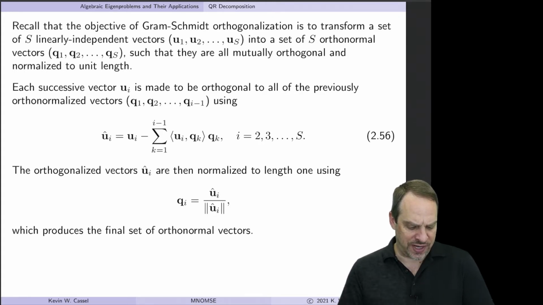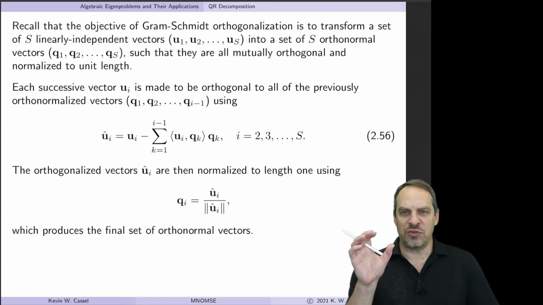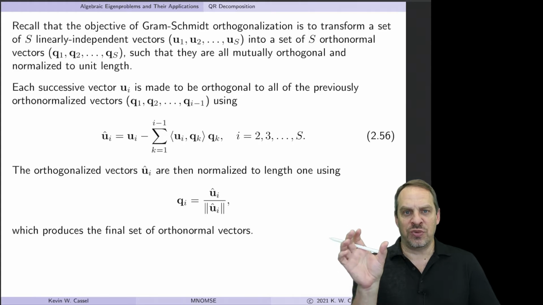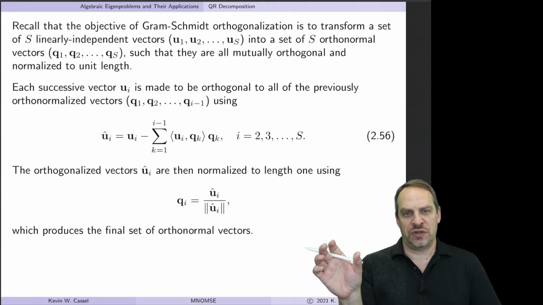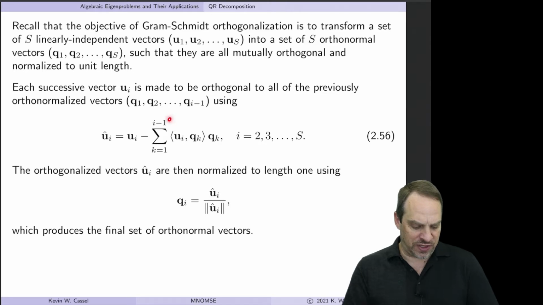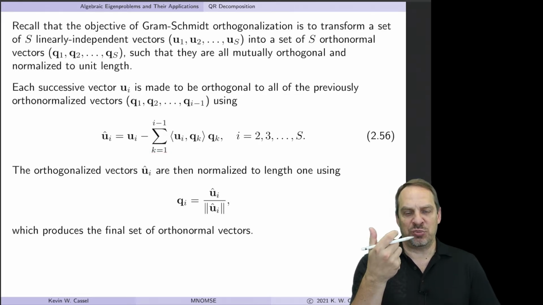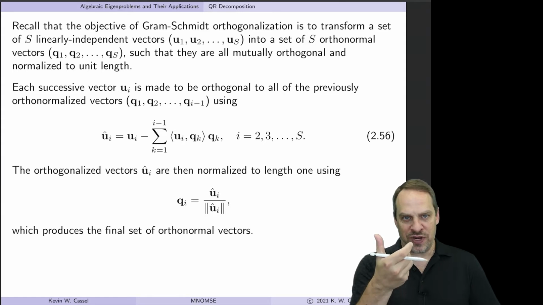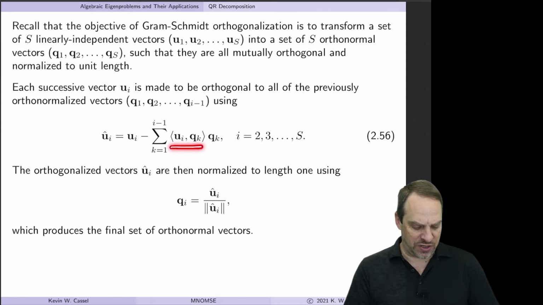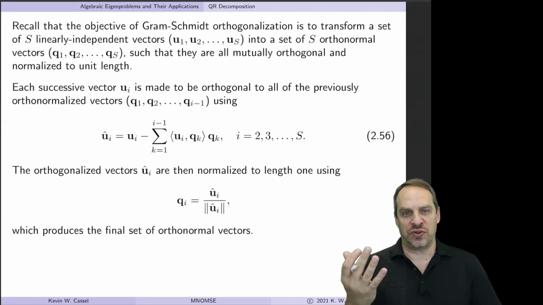So ui hat is equal to ui minus this sum. And remember these sums, there's a term for each of the previous vectors that we've already orthonormalized. And that's why the maximum index here is i minus 1. So you're basically subtracting off a vector whose length is the projection of some vector combination, this inner product here, such that it does this orthogonalization.